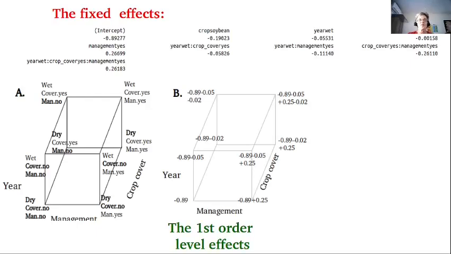So the first order effects, here is the reference level for the three categorical explanatory variables. Here is the 0.89. This value minus 0.89 appears in all vertices of this plot, and here I'm simply adding, while keeping the management no, which is the reference level. Then I'm going to management yes, which is the other level. I'm going to add 0.25, which appears somewhere in this slide.